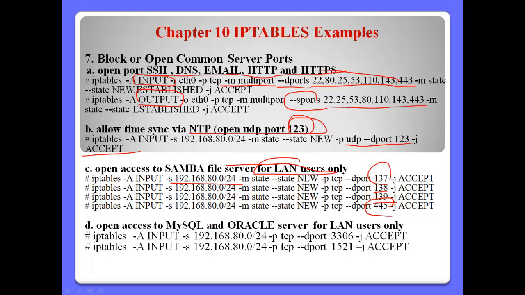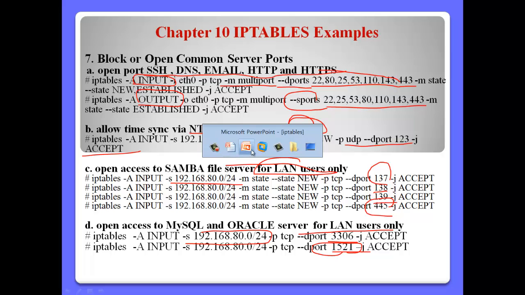D, open access to MySQL and Oracle servers for LAN users. In this case, 192.168 will be the LAN users, and the destination port 3306 is MySQL, and destination port 1521 is Oracle.